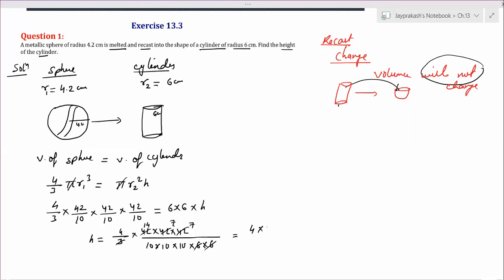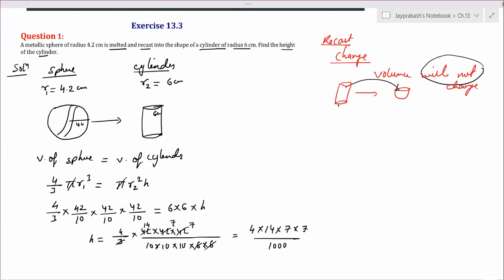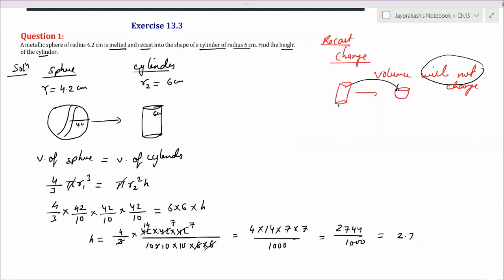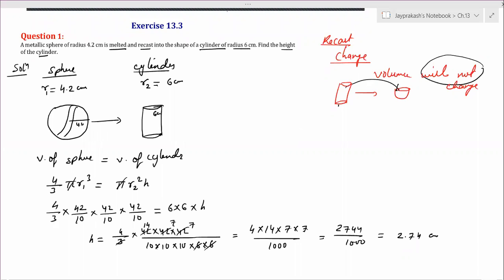Now simply multiply the numerators and use the decimal. So we have the final answer 2.74, rounded to two places. And we are finding the height, so the unit of height is centimeter.